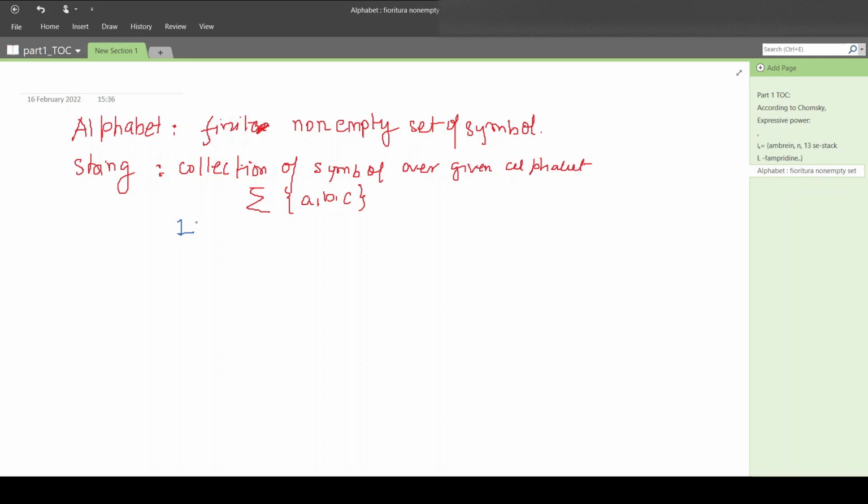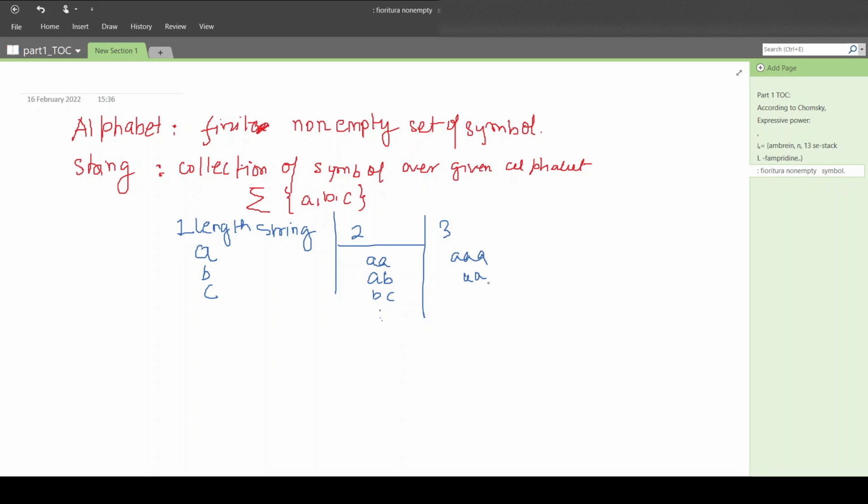Like we are talking about one length string, we can form A, B, C. When it's about two, it's AB, BC, dot dot dot. When about three, ABA, C, likewise it goes on.